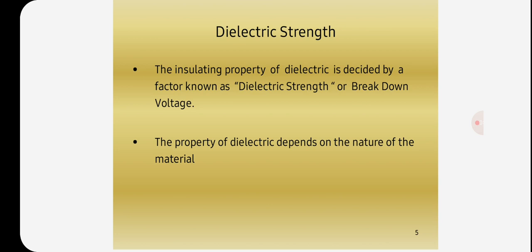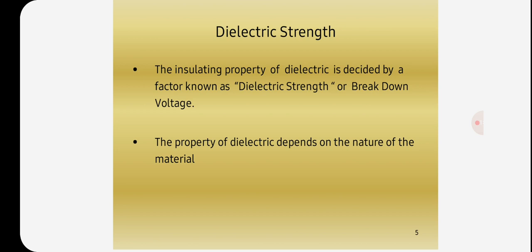Hence, the insulating properties of the dielectric are destroyed or ruptured and it becomes a conductor. Usually, a spark or arc occurs which burns up the material. The minimum voltage required to break down a dielectric is called breakdown voltage or dielectric strength.